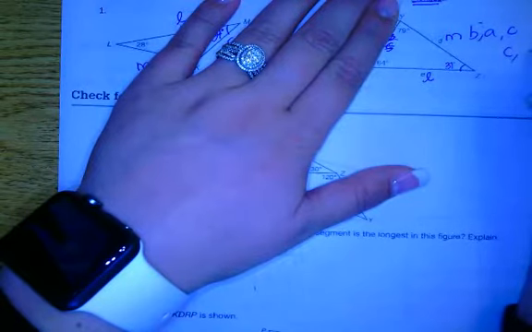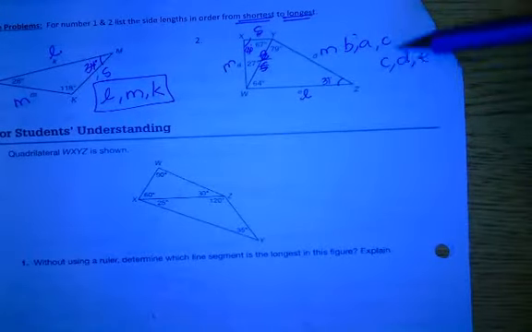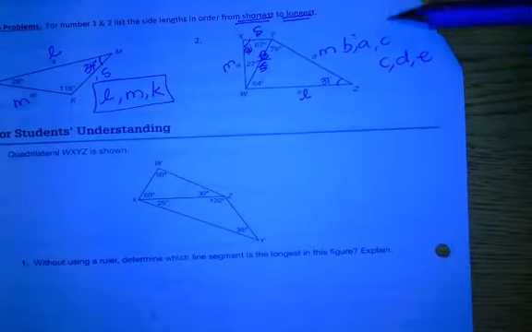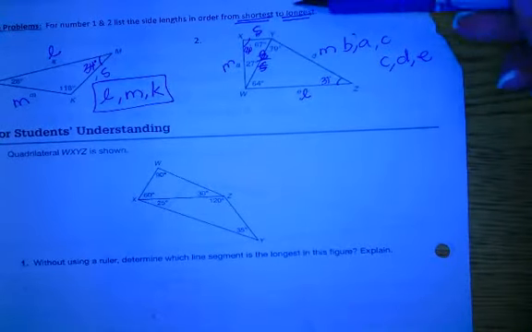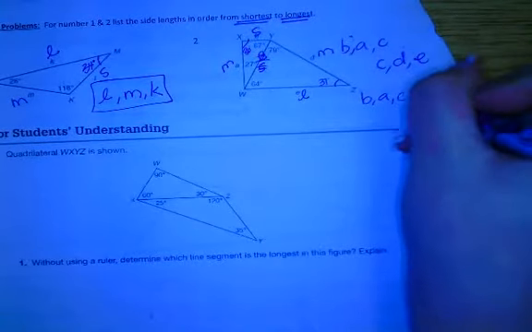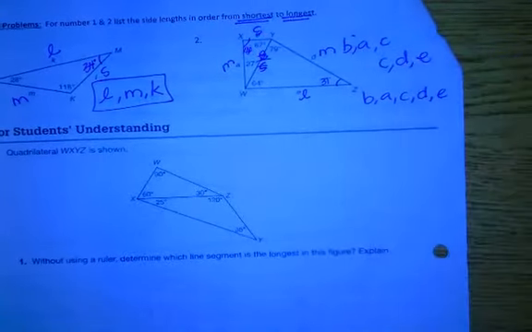Where they share a side, you would line those up. So when I put all of these in order from shortest to longest, it would be B, A, C, D, E. B being the shortest, E being the longest.